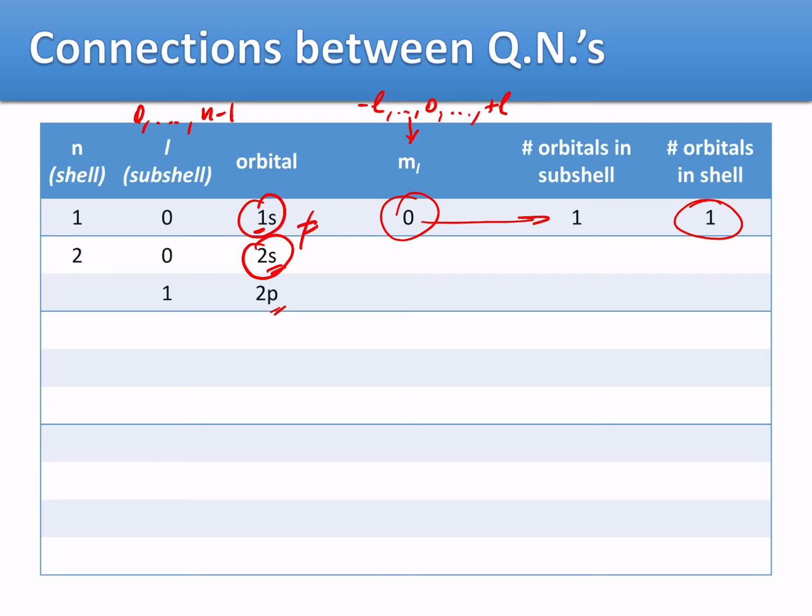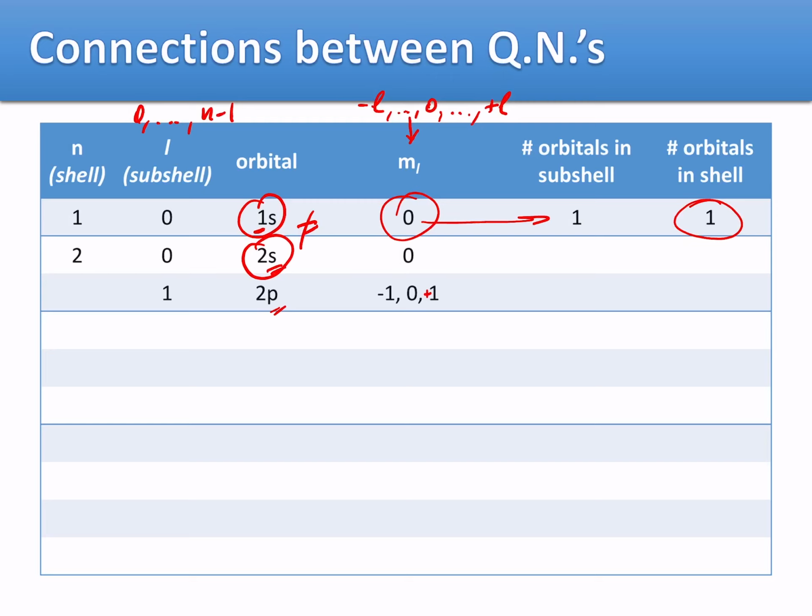They are both s orbitals, but they do not belong to the same energy level, and that's important to remember. So now if we go to the values of ml, for L equals 0, ml is still 0, but for L equal 1, let's be explicit here, ml can be minus 1, 0, and plus 1.